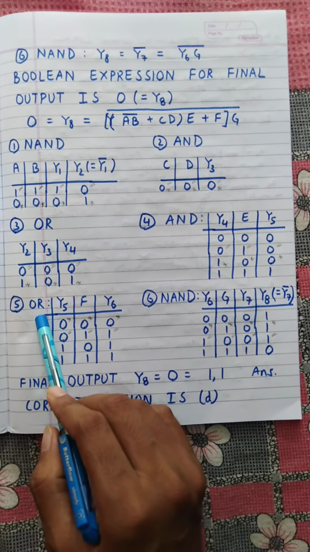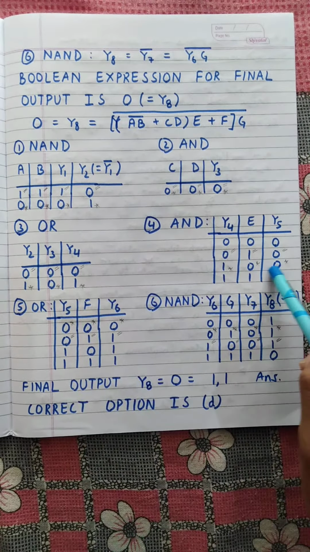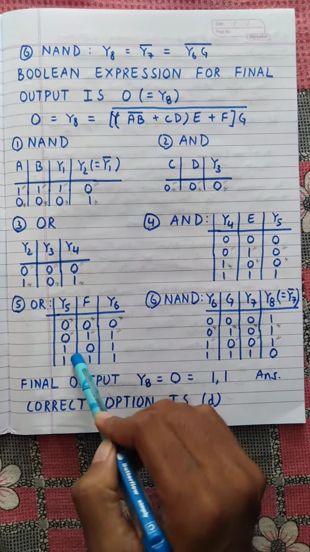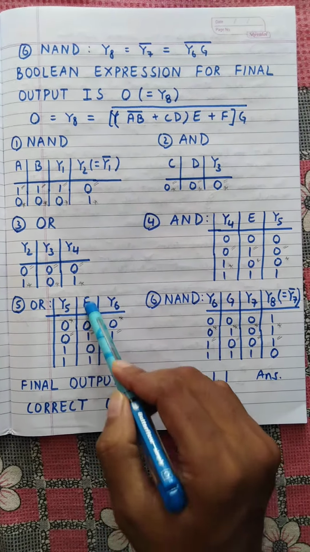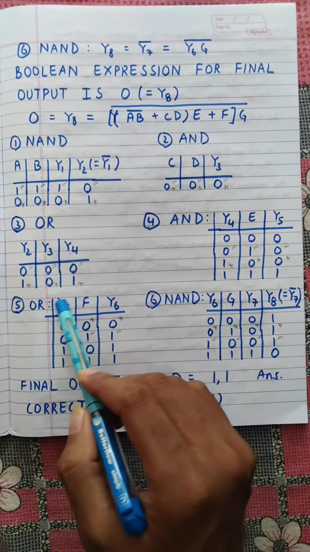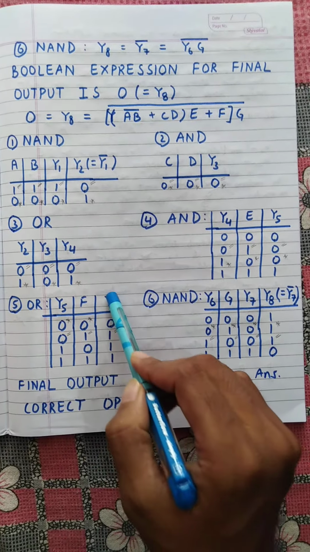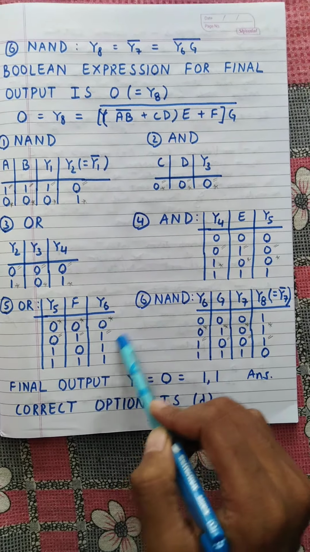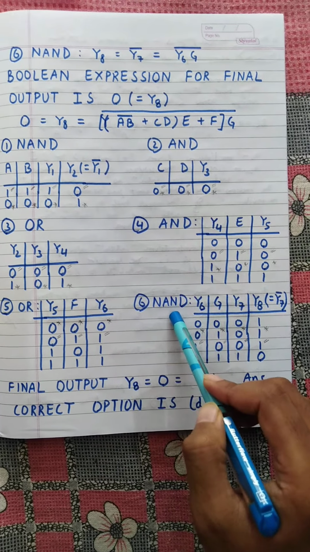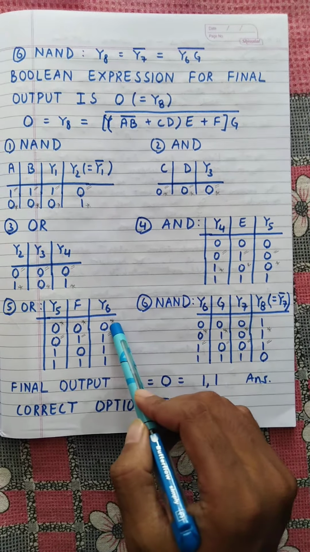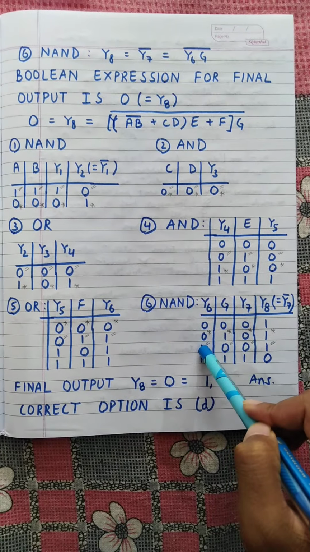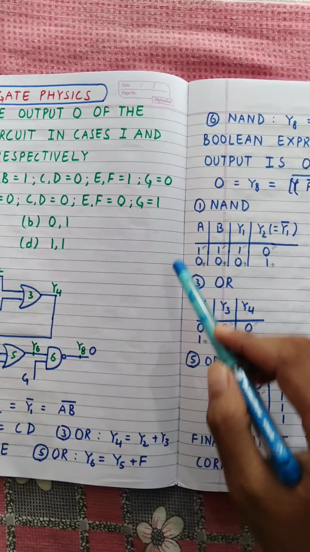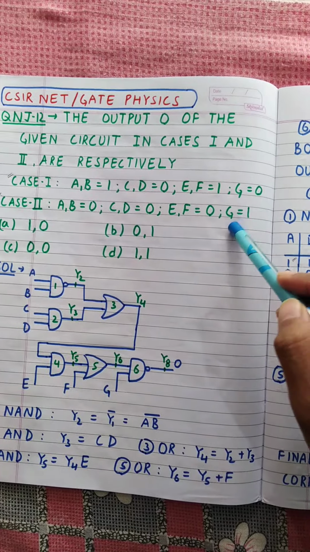Now the next gate is an OR gate. Here y5 can take both the values 0 and 1, and F can also take both the values 0 and 1 according to the question. So we will perform the OR operation, and in the truth table we will obtain the values 0 1 1 and 1. Now the last gate will be a NAND gate. Since y6 can take both 0 and 1 values, and G can also take both 0 and 1 values.